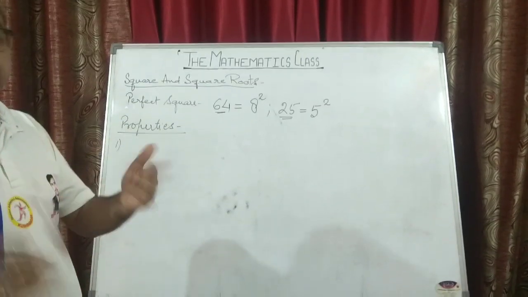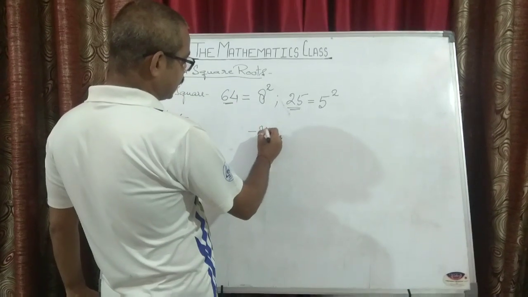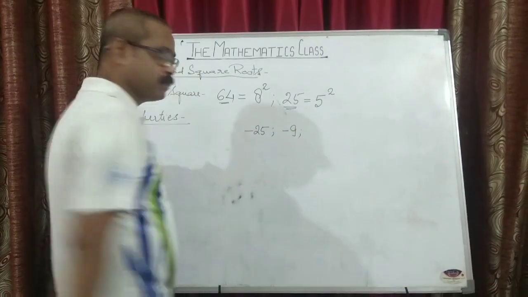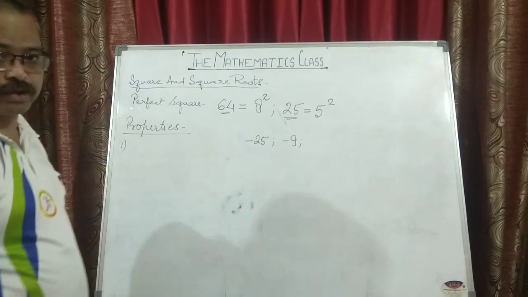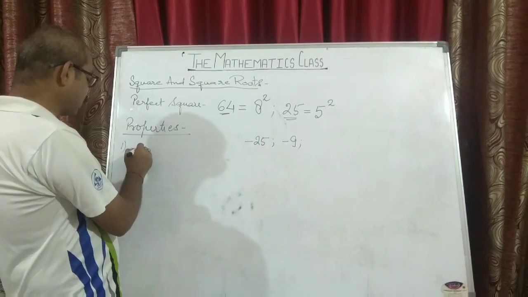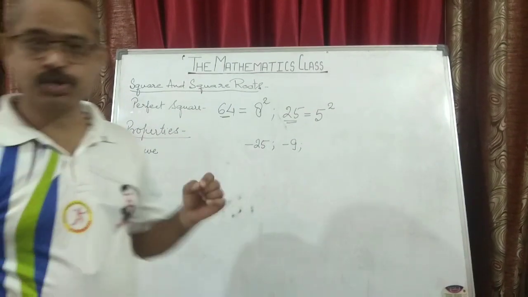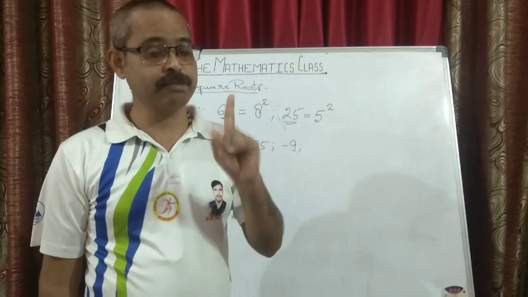It cannot be negative. Nobody can say minus 25 is a perfect square or minus 9 is a perfect square. So the first property of a perfect square is that it is always positive, or you can say a perfect square number is never negative.